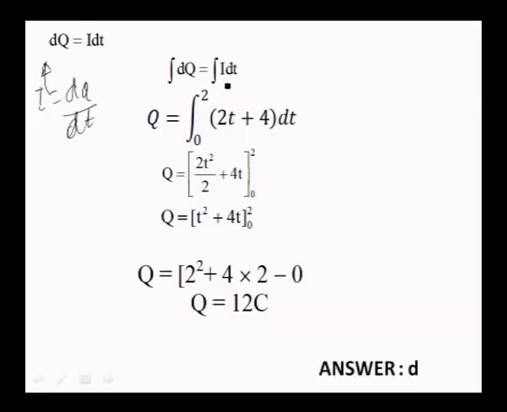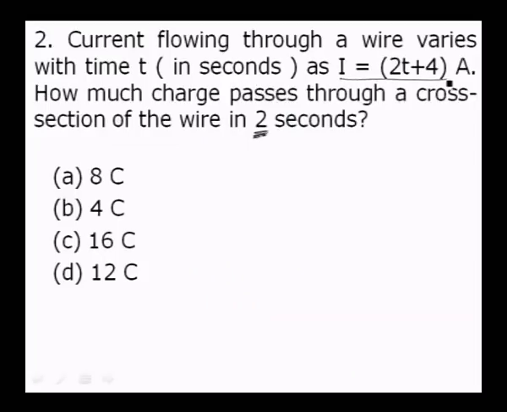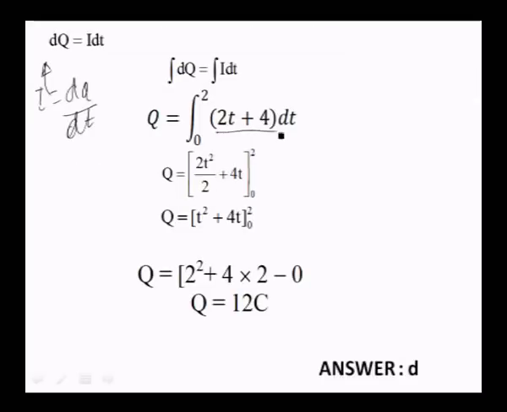The I value given in the problem, that is I is equal to 2t plus 4, I am substituting, that is equal to integral of (2t plus 4) dt. Now, integration of 2t is 2t square divided by 2, integration of 4 is 4t, upper limit is 2, lower limit is 0.